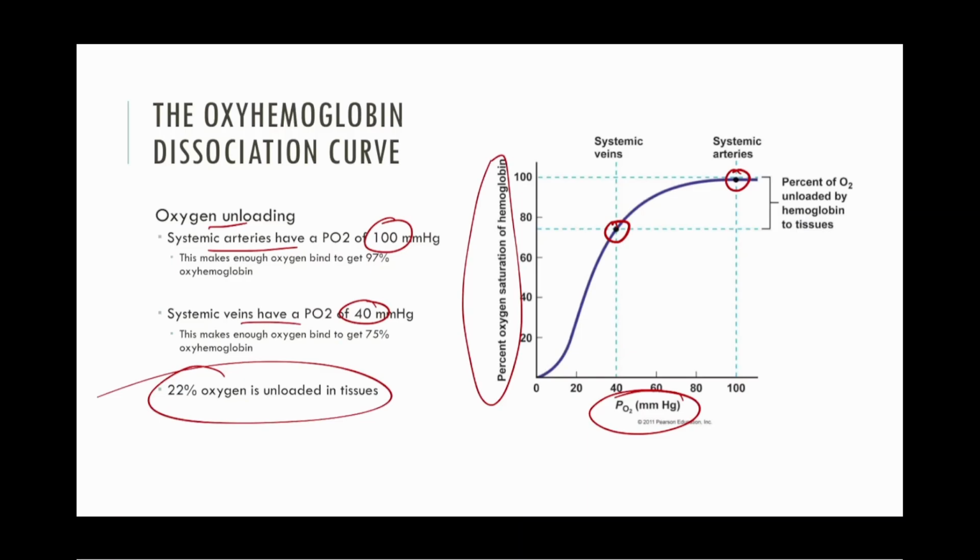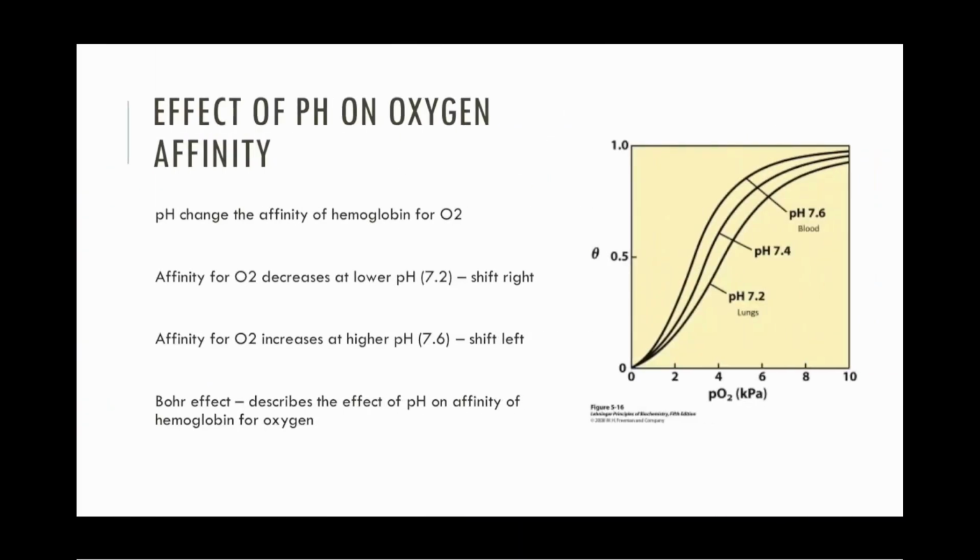We're going to talk about now how we shift this curve based off of different parameters. So pH on oxygen affinity. What is affinity? How tight you bind to something. So if something has very high affinity for something, they're going to bind very tight. If they have low affinity, they're going to let them go and release it. So the affinity for O2 decreases at lower pHs.